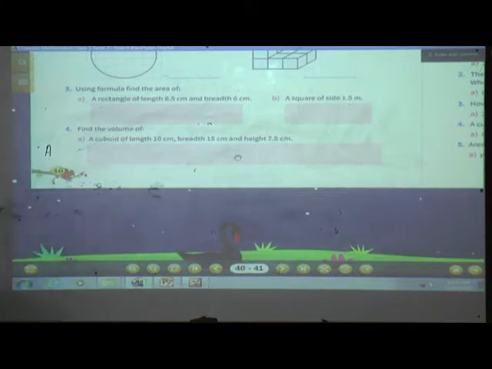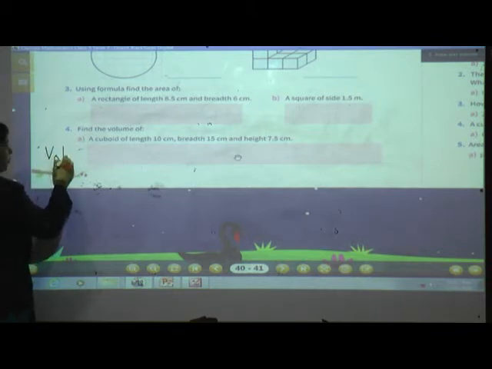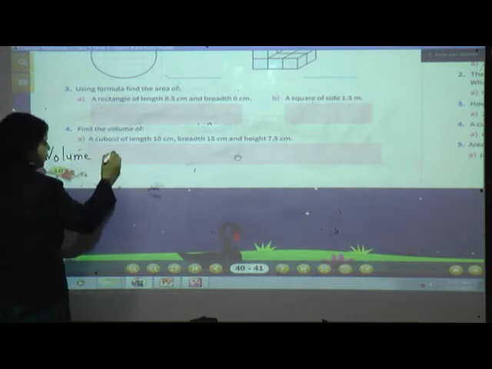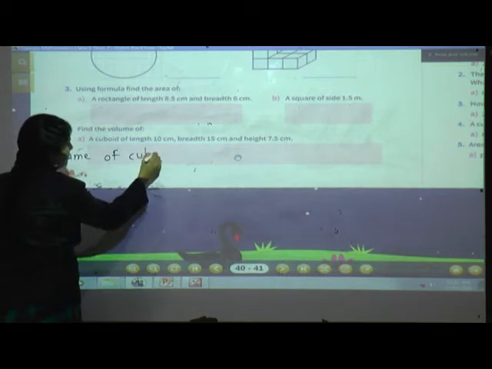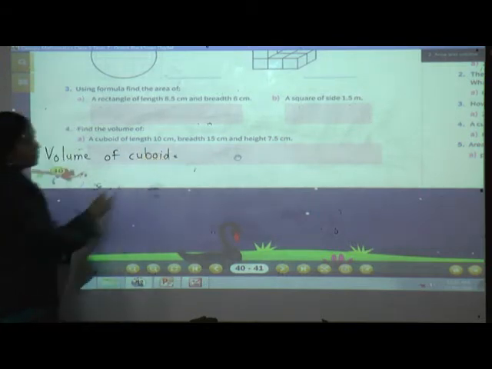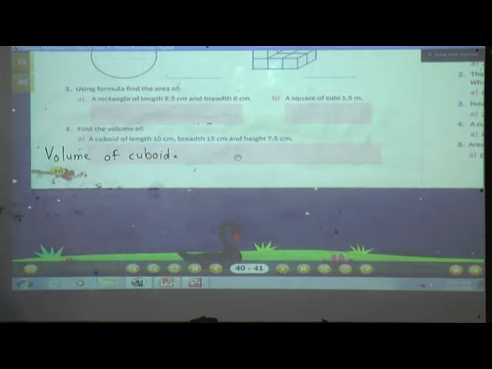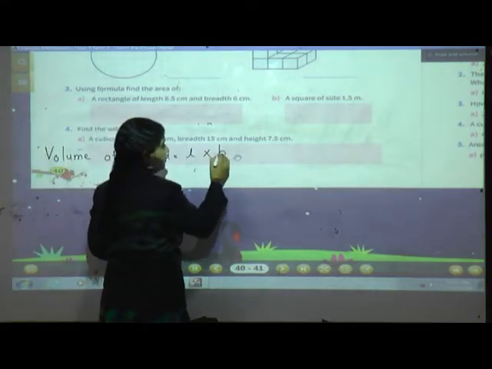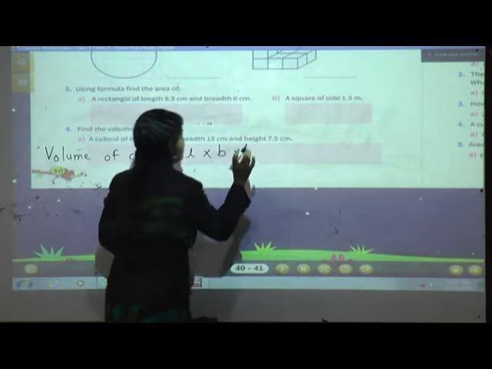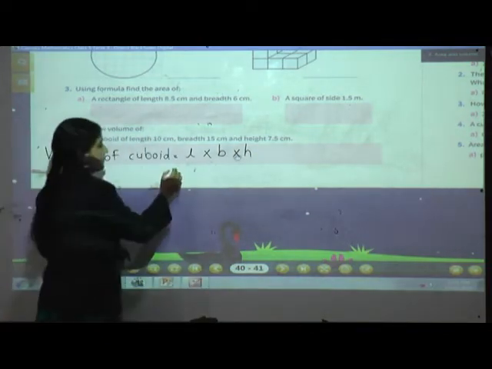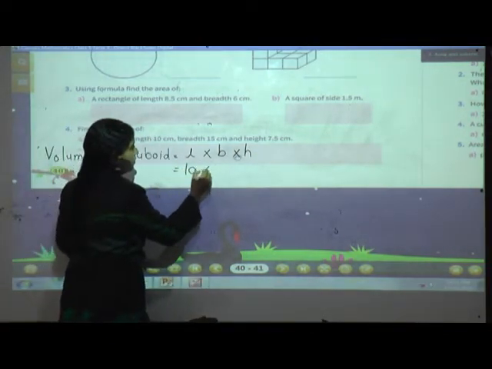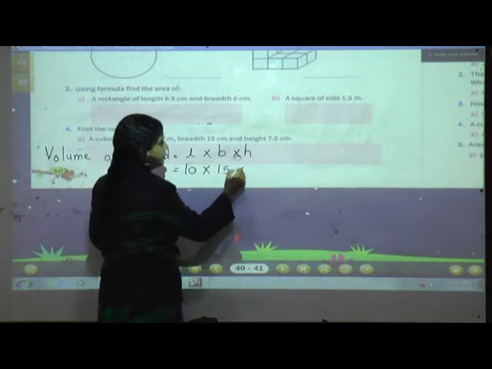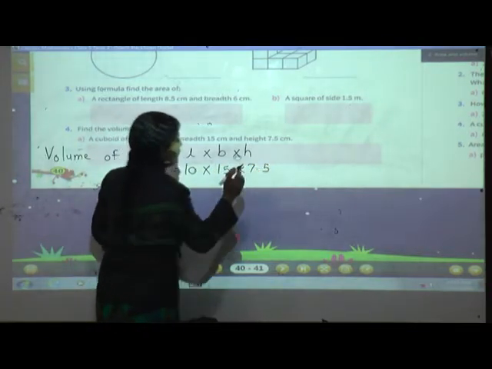What is the formula of volume of cuboid? Length into breadth into height. Very good. L into B into H. So multiply it. Put the value 10 into 15 into 7.5.